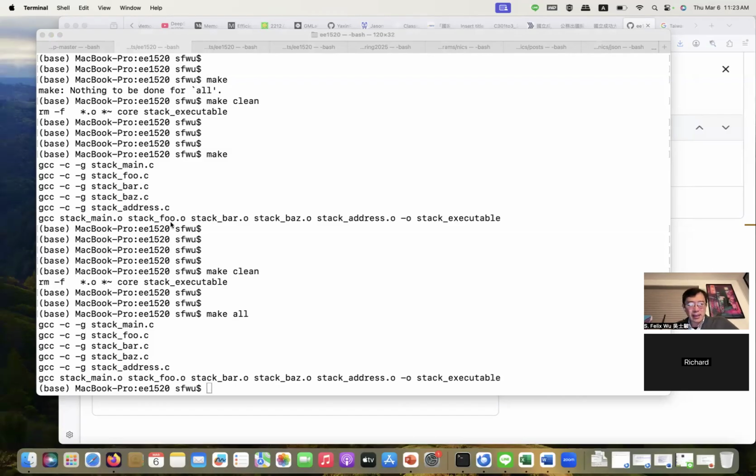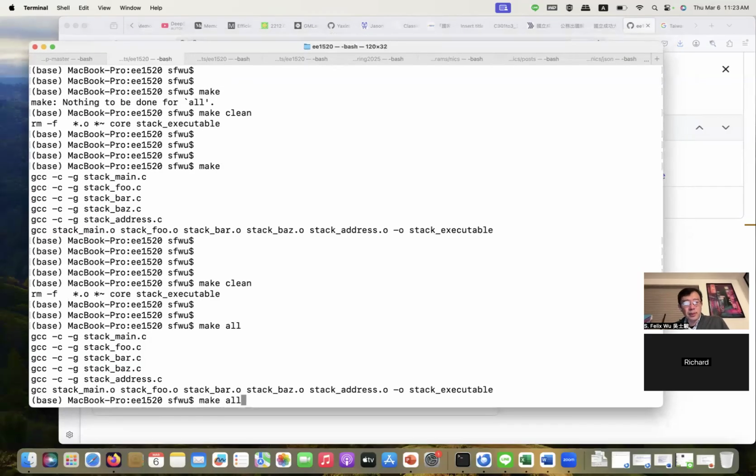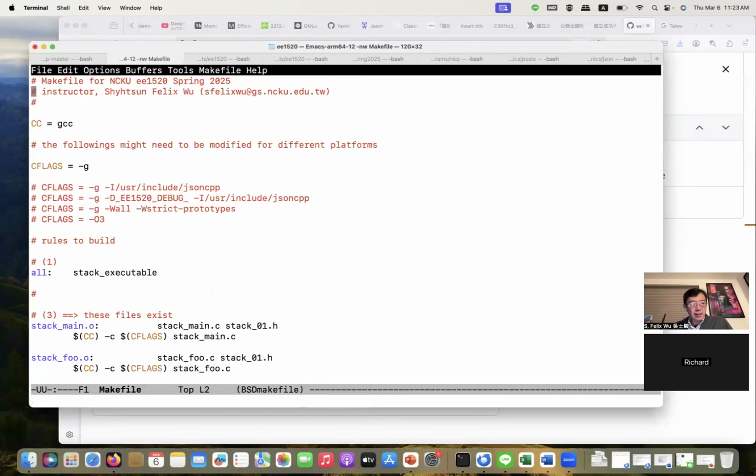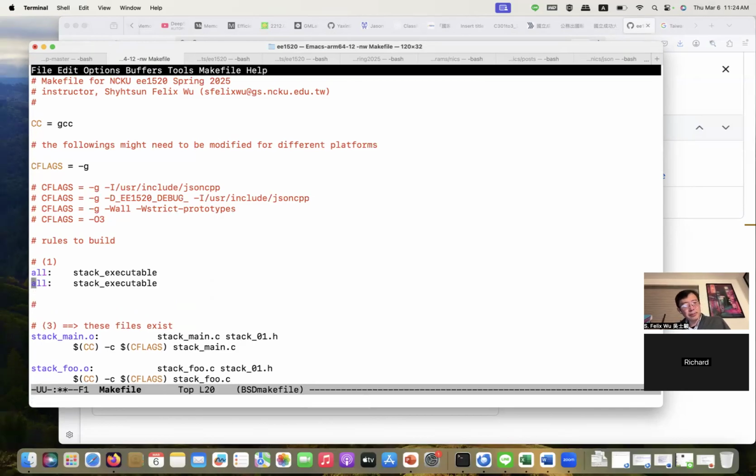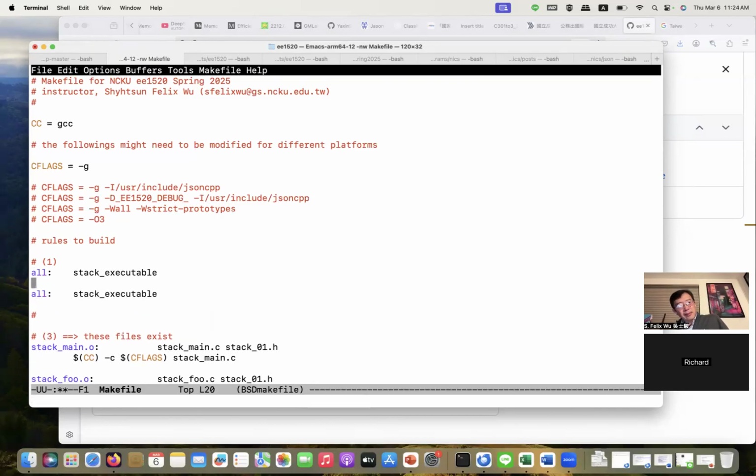Let's actually make a little bit of a difference. What happens? Let's try to play with this a little bit. Let's make another rule. Let's make 2 rules.